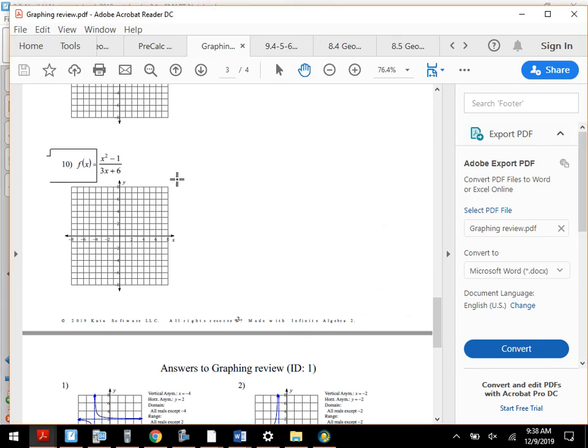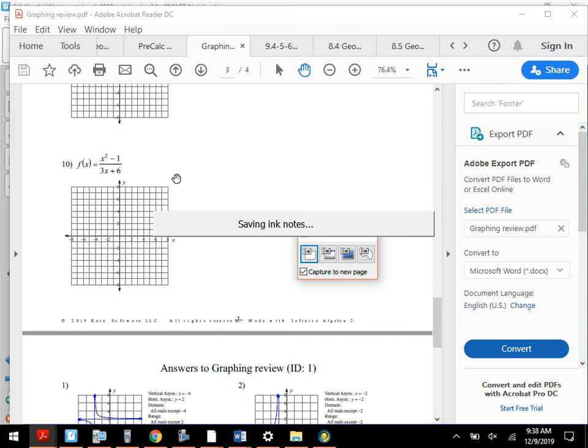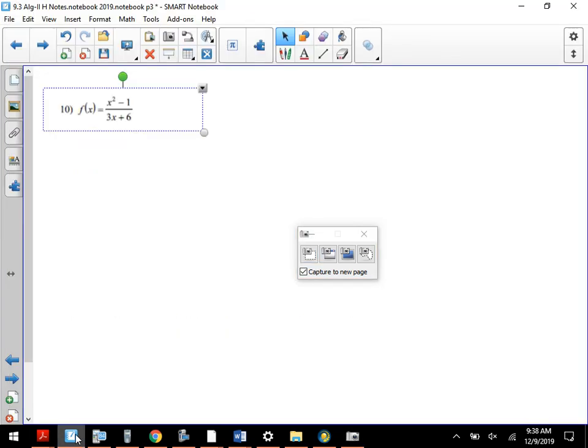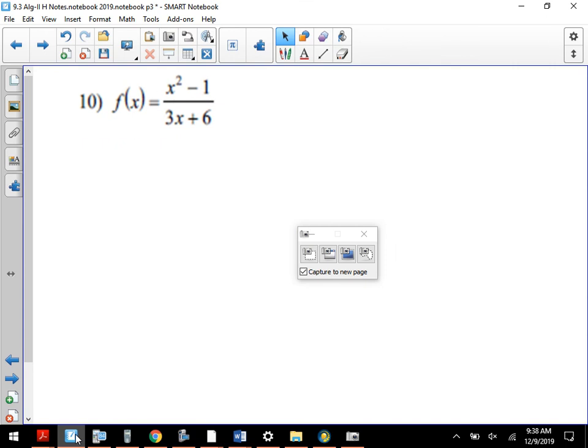Because this one actually, you can plot most of it, but not have to worry about being too crazy with it. So here, again, we go through our list of things. Always start with your zeros of the numerator. That'll get you your x-intercepts. Here they're going to be at plus or minus 1.